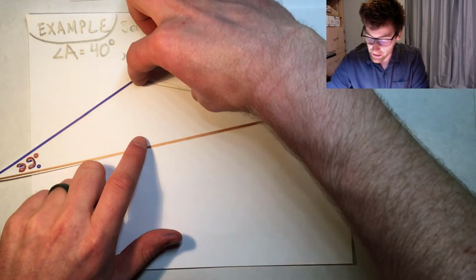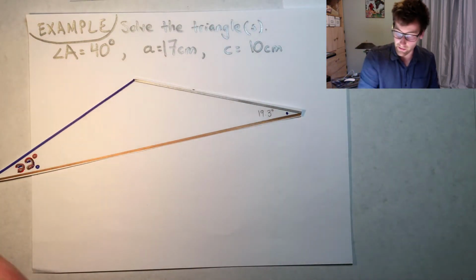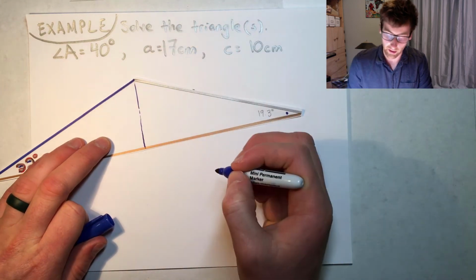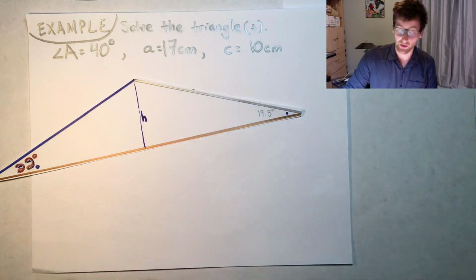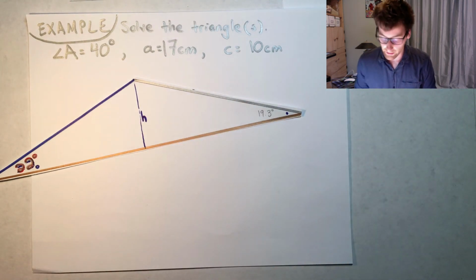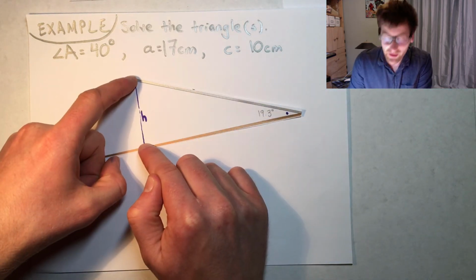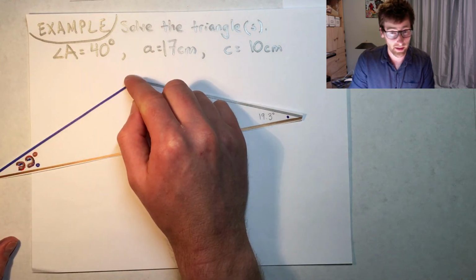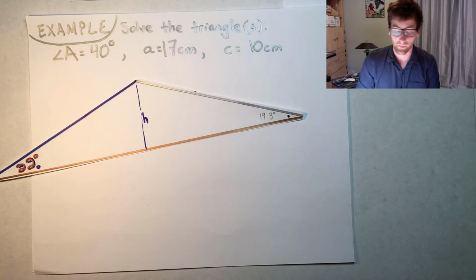So this was too short compared to this line here from here to here, and we'll call that H. So this gray line was shorter than H. And then last of all, we had a mixture where this gray line was longer than H, but shorter than that blue line. And that's where you get 2 different cases.